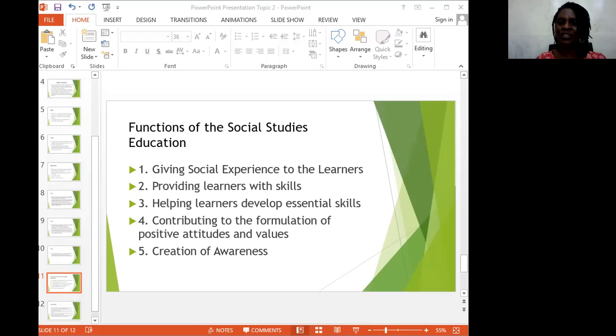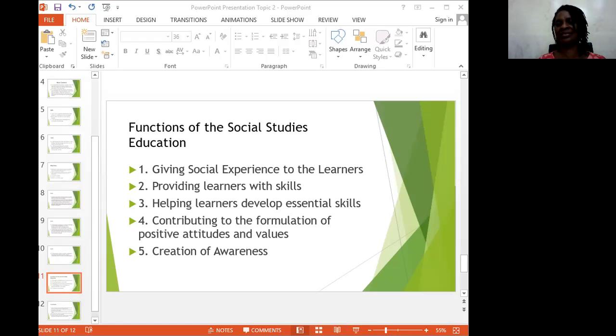This subject, social studies, tends to inspire standards for developing positive beliefs, positive attitudes, and behavior.